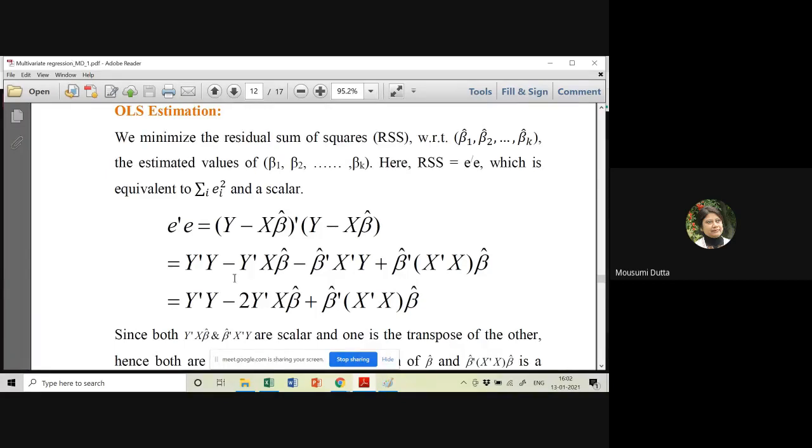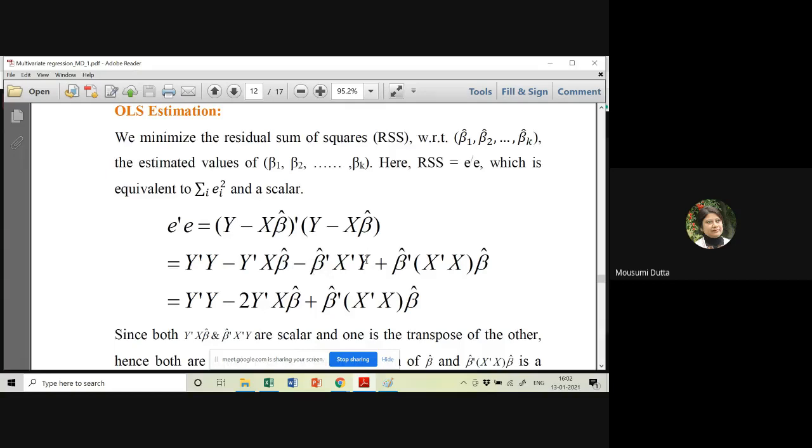If this is fine, next, y transpose y I'm keeping as it is. Instead of y prime x beta hat and beta hat prime x prime y, I am writing minus 2 y prime x beta hat, that is twice this term. Now, I hope you have pen and paper with you.